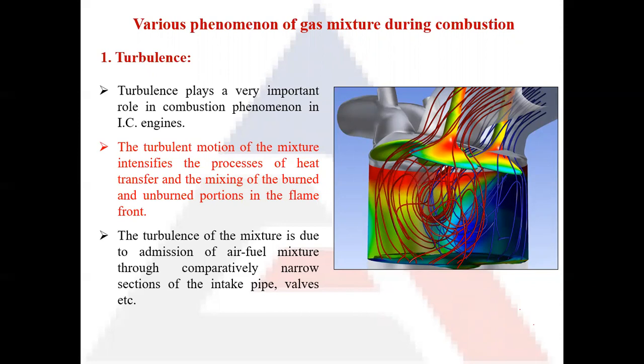So the first phenomena that is required is the turbulence. So turbulence is directly associated with the Reynolds number. So higher the Reynolds number, in the case of fluid flow, if the Reynolds number is above say 4000, that flow is known as a turbulent flow.